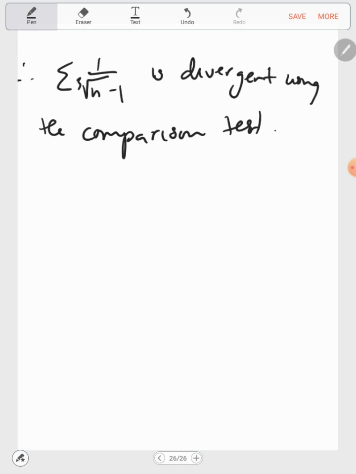So we're just remaining with 2 more tests. The next one is the ratio test. All these are used to test the convergence of series. Okay, so we now move to the ratio test.